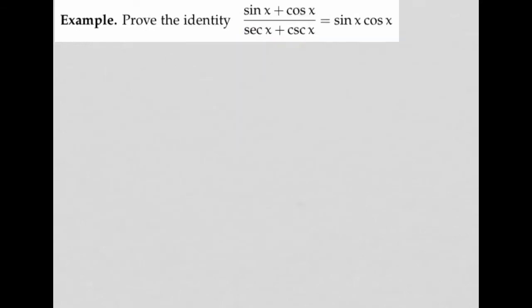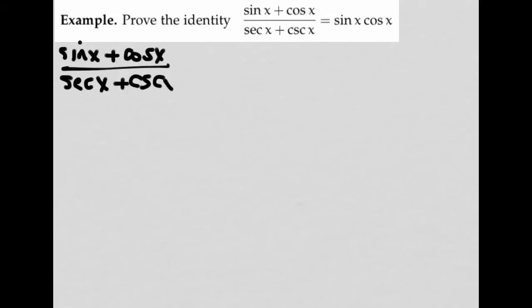Next, let's prove the identity that sine x plus cosine x together over secant x plus cosecant x is equal to sine x times cosine x. In this example, we can start with the left-hand side, manipulate it and make it look like the right-hand side, but that's quite tedious. Instead of doing that, I'm going to prove an equivalent identity.